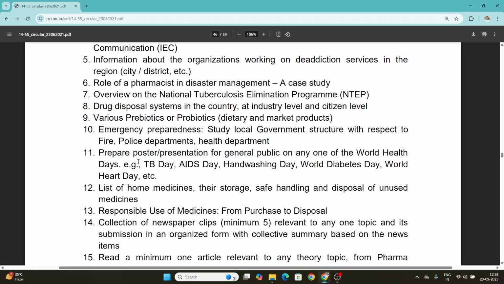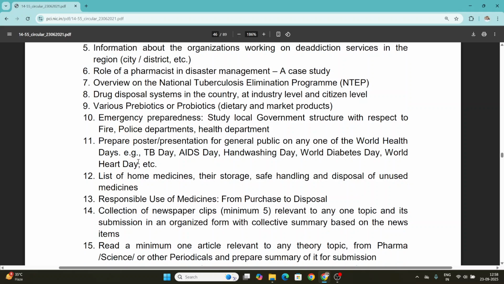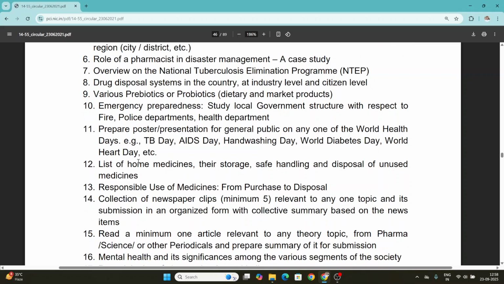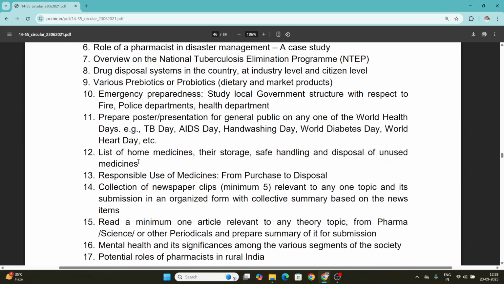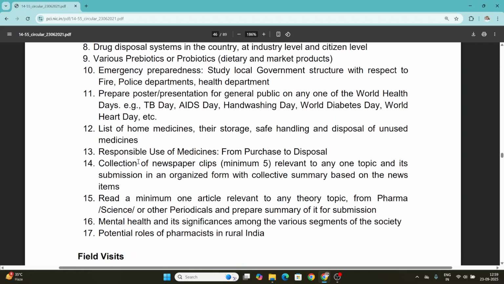Prepare a poster presentation for the general public on any one of the World Health Days. Example: TB Day, AIDS Day, Hand Washing Day, World Diabetes Day, World Heartbeat Day, World Heart Day. List of home medicines, their storage, safe handling and disposal of unused medicines.